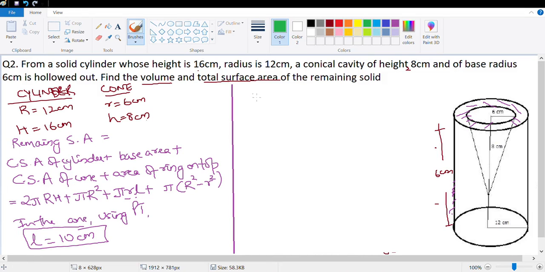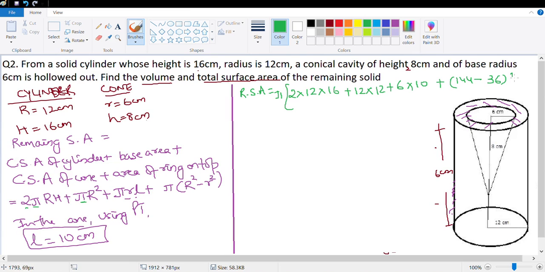So remaining surface area would be equal to curved surface area. So anything common? Yes, pi is common in all of them. So I can take pi common. So that will be pi times 2RH, that's 2 into R, R is 12 into H, that's 16, plus R square, R is 12, so that's 12 into 12, plus small r is 6 into L, that's 10, plus R square is 144 minus small r square, that's 36.